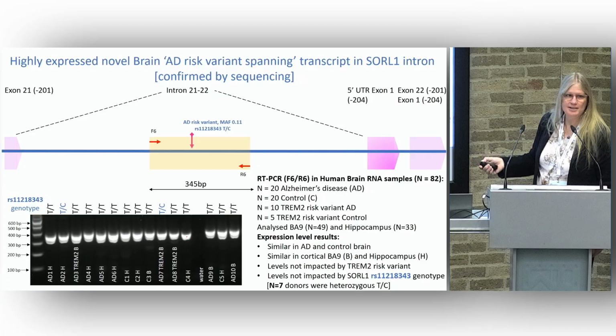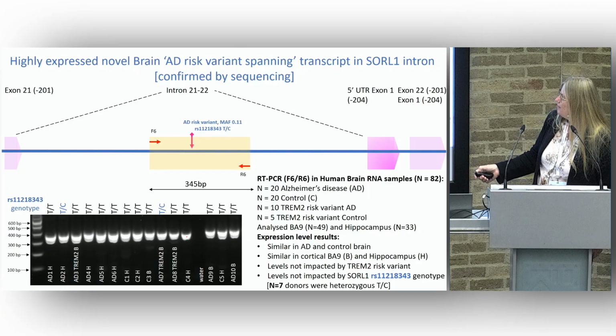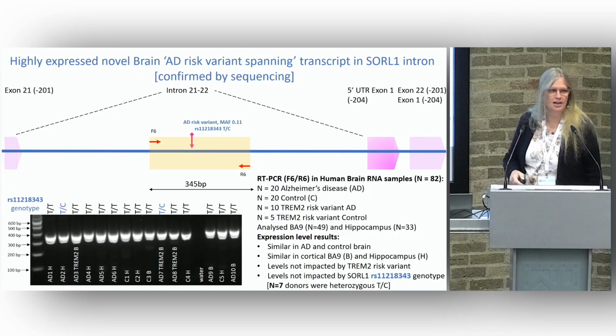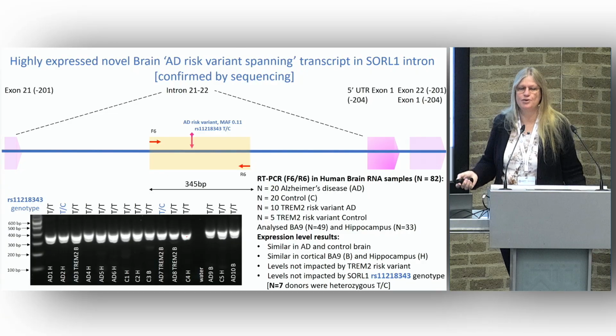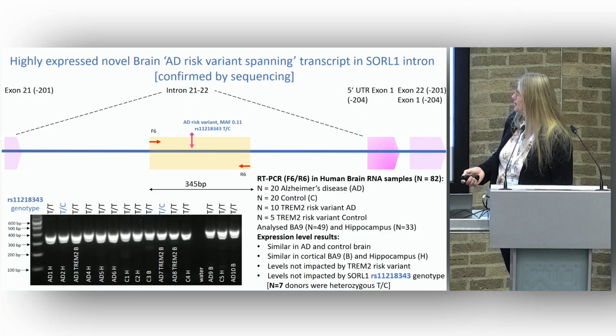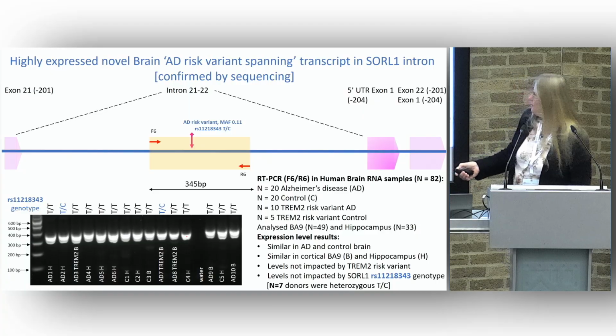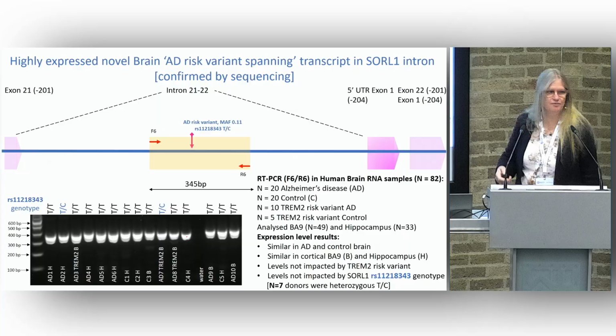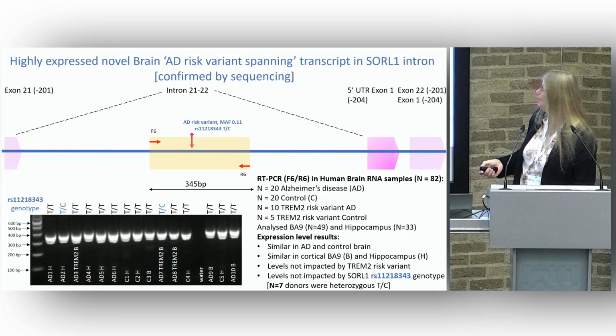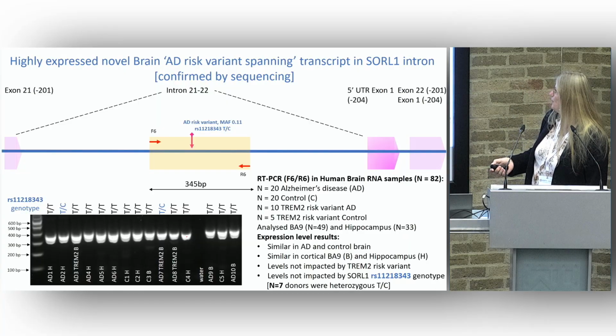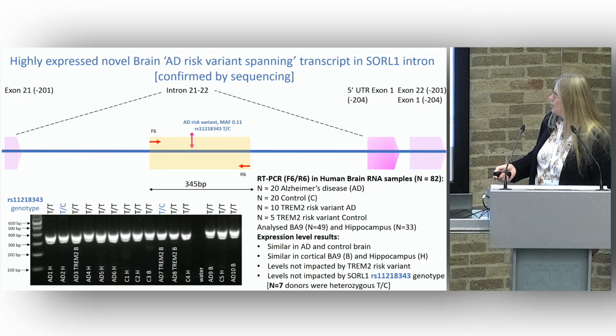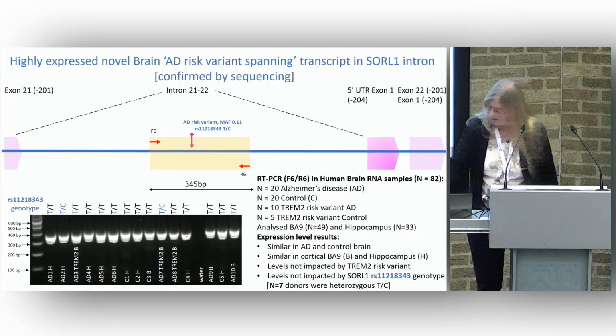And to our surprise, in the RNA samples, we found that all of the samples had a really, really highly abundant transcript in this so-called intronic sequence. You can see it here across all of the samples. It didn't really vary between control and AD samples at all, or in respect to having a TREM2 variant, or with respect to having the rarer protective allele.